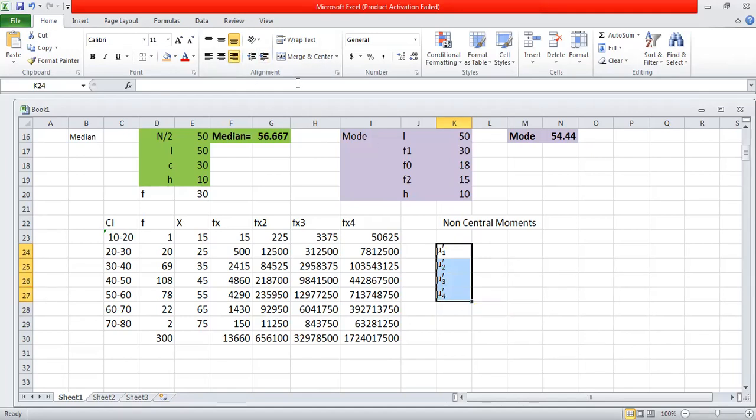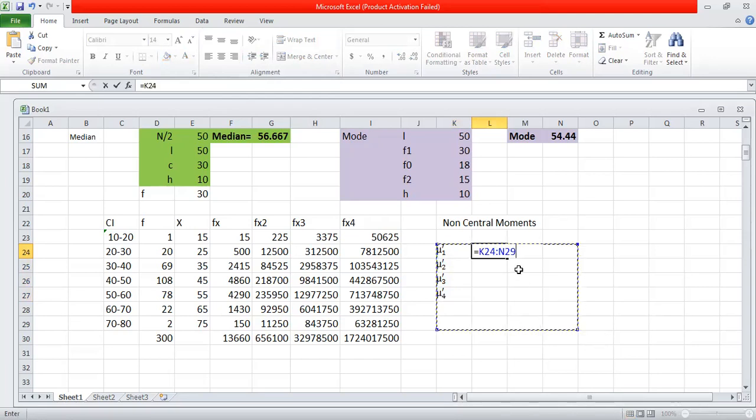1 by n summation fi xi. This is for the first.